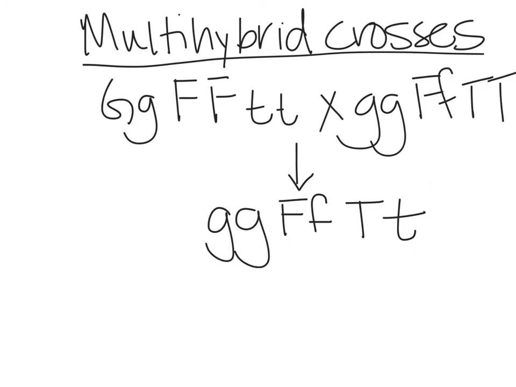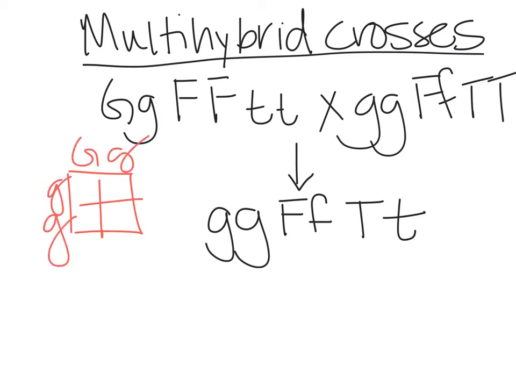So we start with the G's and we do a Punnett square, or we just know the probability. Remember, these are the ones I said we need to memorize. I'll draw the little Punnett square for this one to help us, since this is teaching and learning.